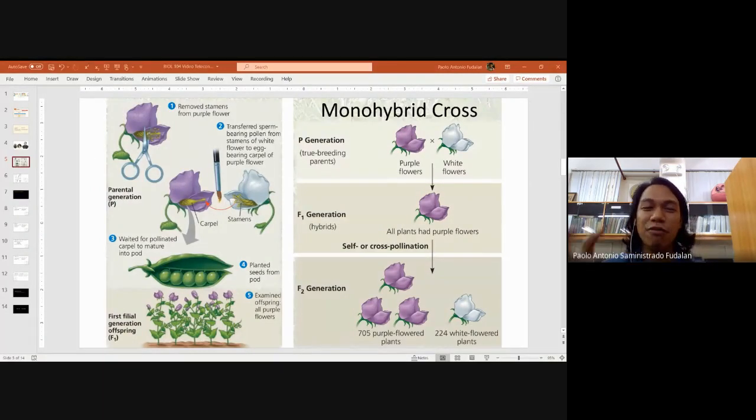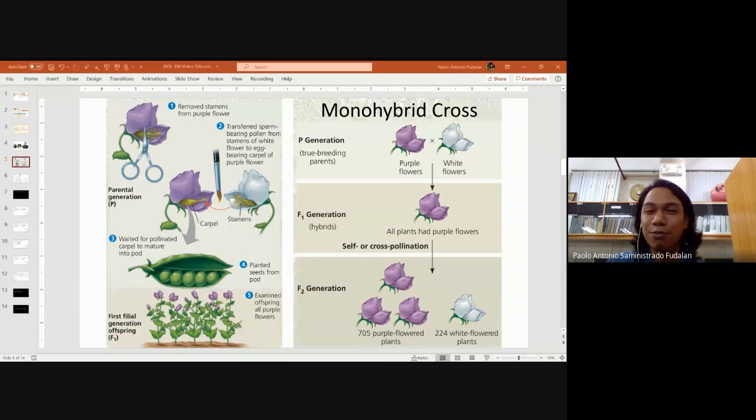And when the flower got fertilized already by the sperm in the pollen, and the fruit was produced, the pea, Mendel removed the seeds from the pod and planted them all individually. And he took into account how many of the offspring had purple flowers, how many had white.